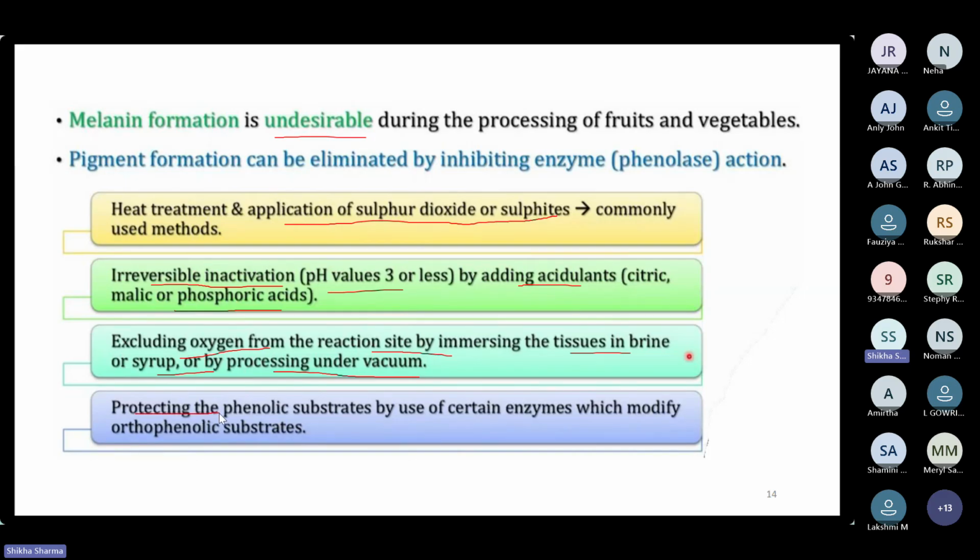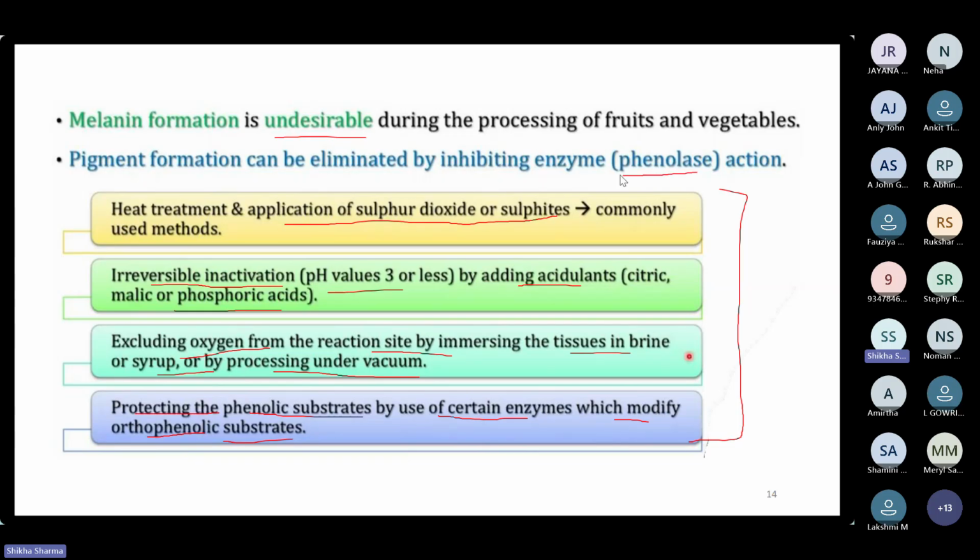Then fourth, we can protect the phenolic substrate by use of certain enzymes which modify orthophenolic substrates. So these are the ways we can inhibit the enzyme action.